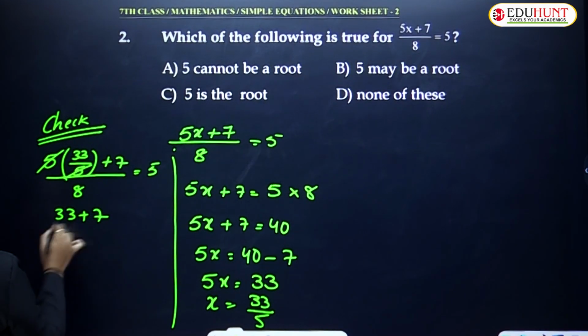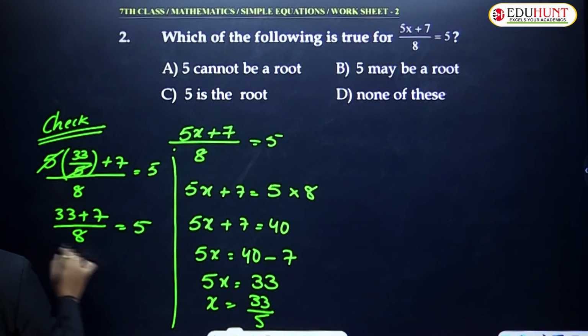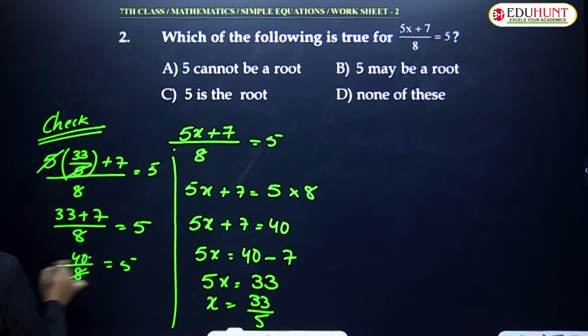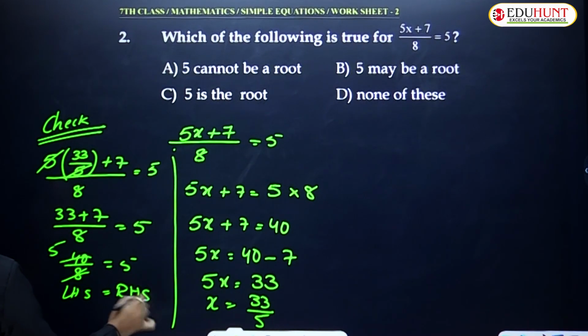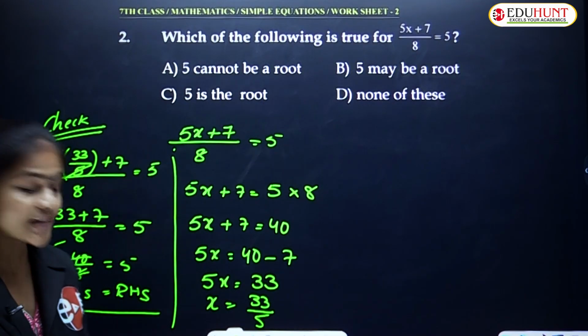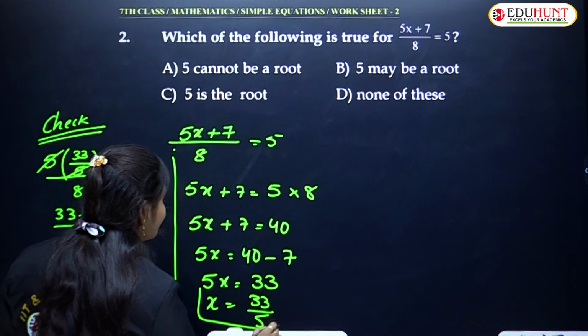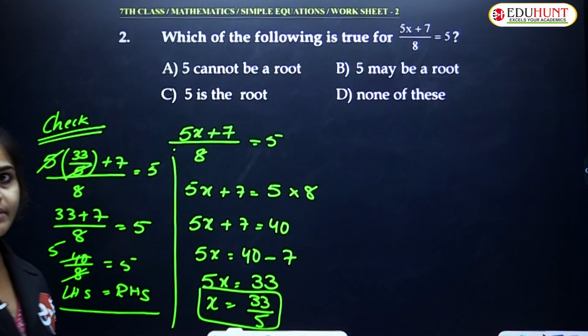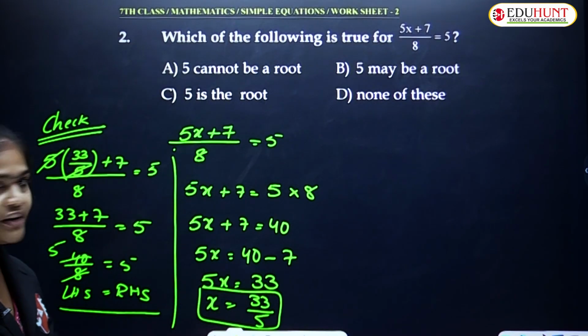So (33 plus 7) by 8 is equal to 5. 33 plus 7 is 40, by 8, is equal to 5. 8 ones, 8 fives. Finally, LHS value is equal to RHS. Understand? Then what is the root of this equation here? The root of the equation is x is equal to 33 by 5.